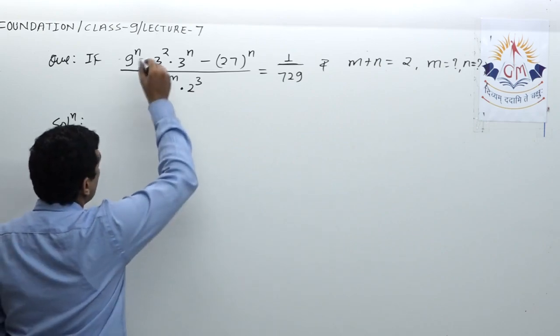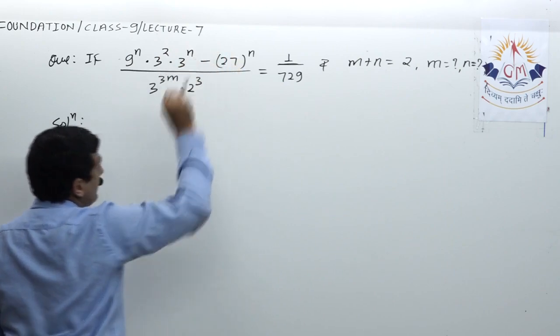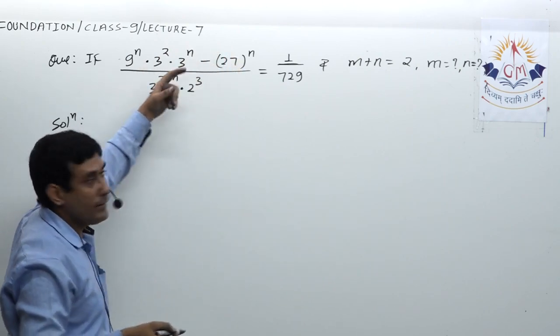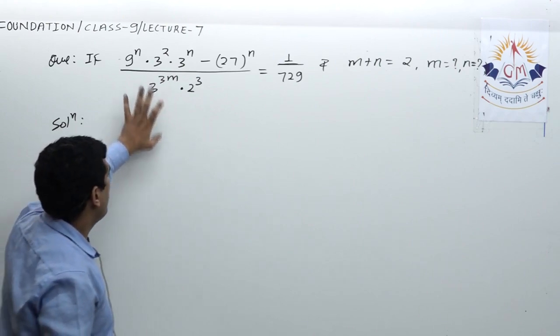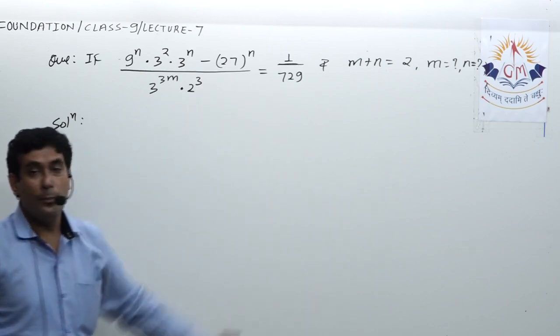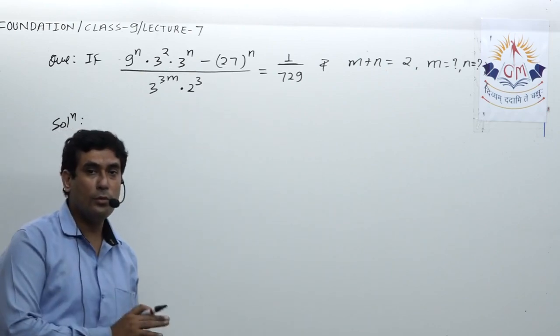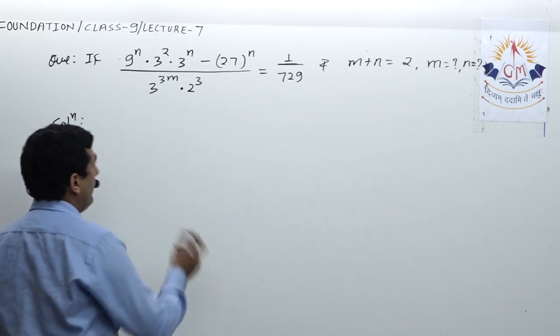Now if you observe this given expression, here you can see m and n are in the powers only. That means anyhow again we have to make the bases same to get the relation between m and n.